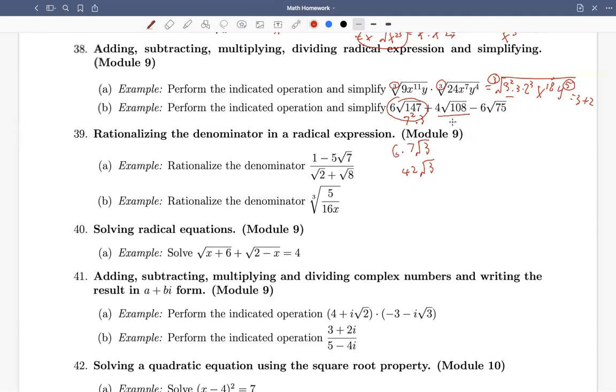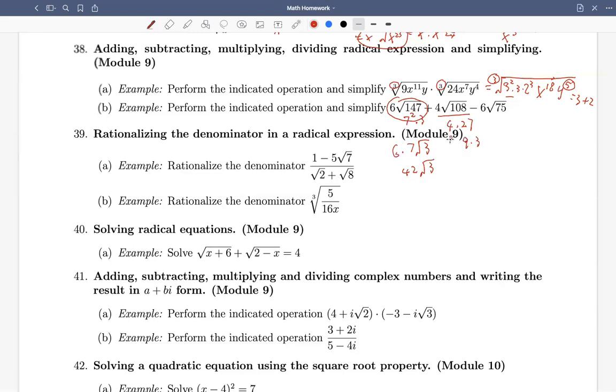Now let's see the second one. 108. If I divide by 2, I get 54. I can divide by 4, so 4 times 27, that's 108. And 27 is 9 times 3.